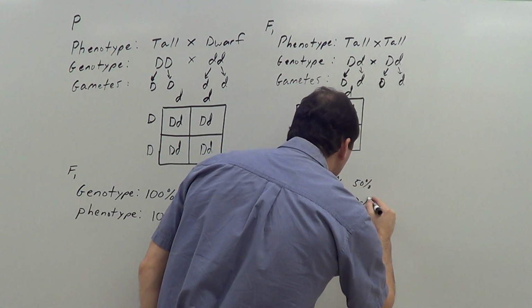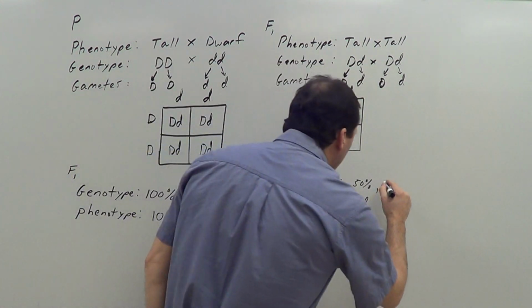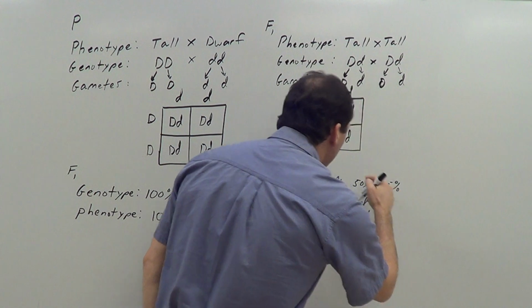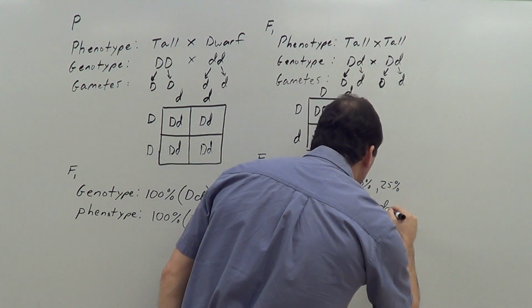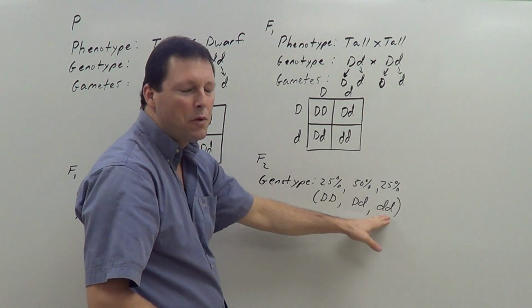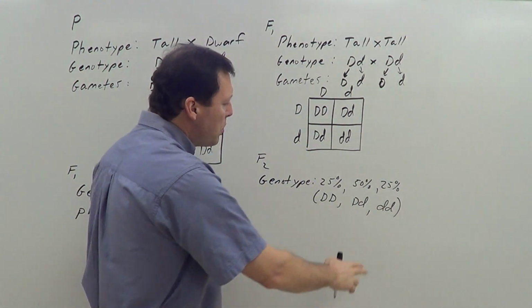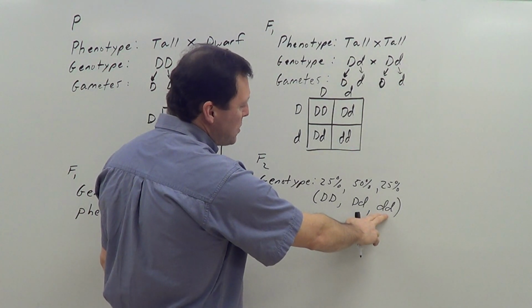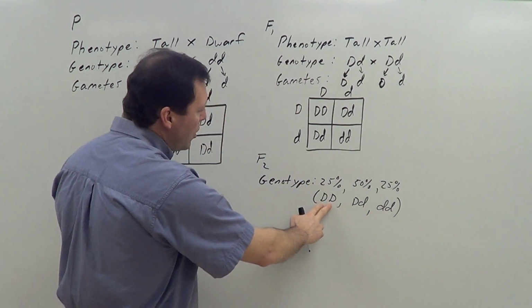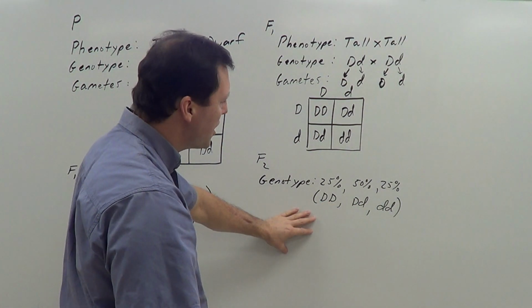And then 25% would be expected to be lowercase d, lowercase d. Now, when you've got two of the same letter, that's referred to as homozygous or pure breeding. So these are referred to as homozygous recessive, where this would be homozygous dominant. So those are my genotypes.